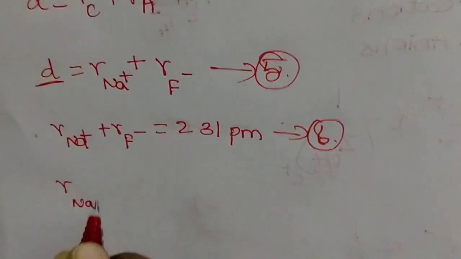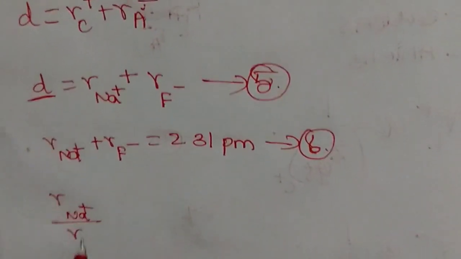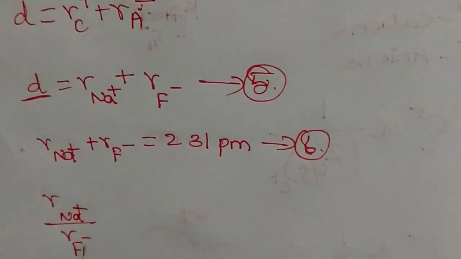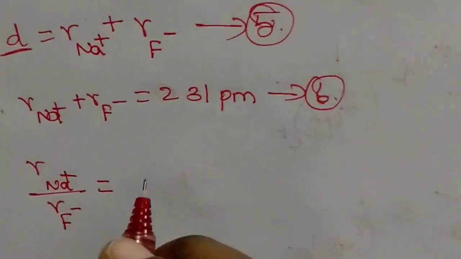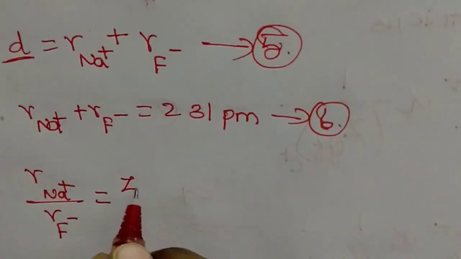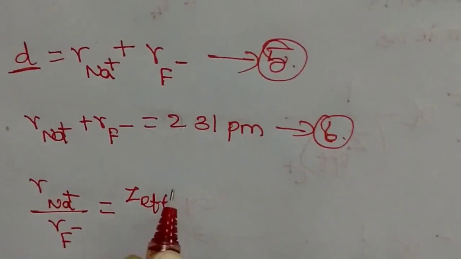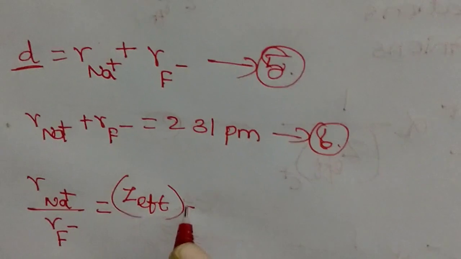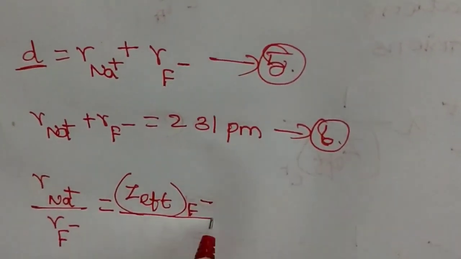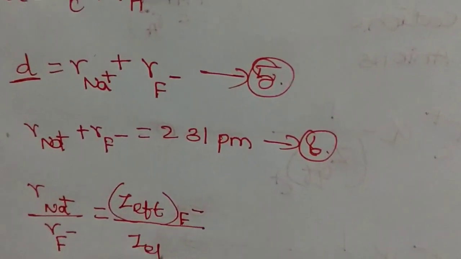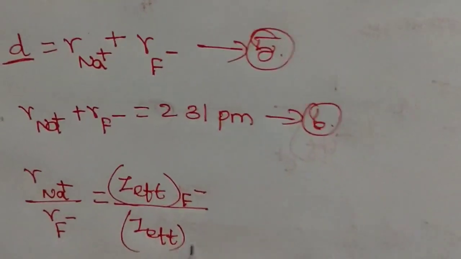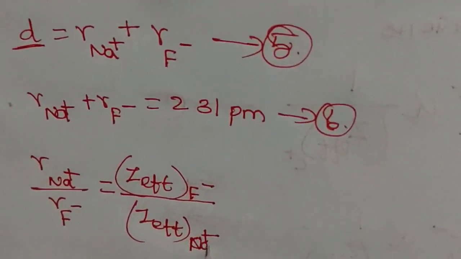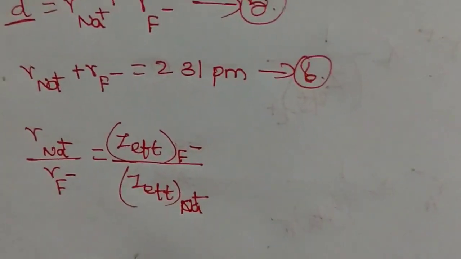So write here r_Na+ divided by r_F-, where A- is fluorine, equal to effective nuclear charge of F- divided by effective nuclear charge of Na+.